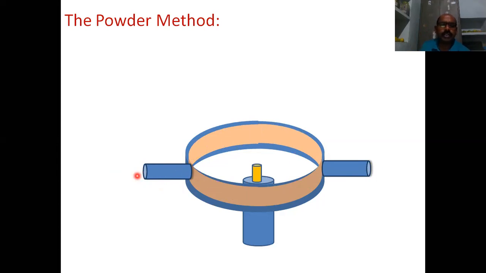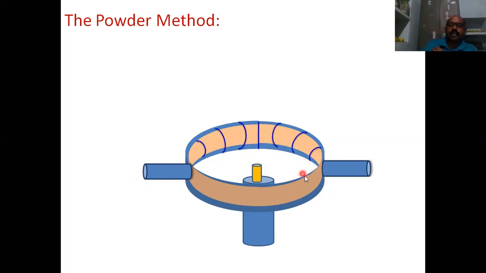Light ray comes and scatters, and it makes a pattern on the film. One ray is scattered in all directions, and the other ray goes away, making the pattern on the photographic film.